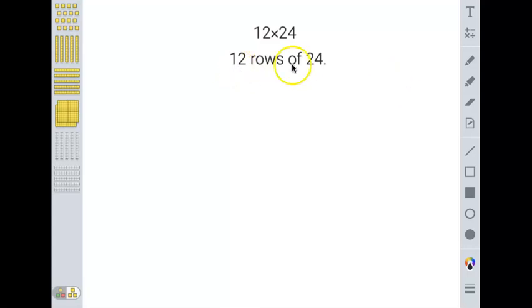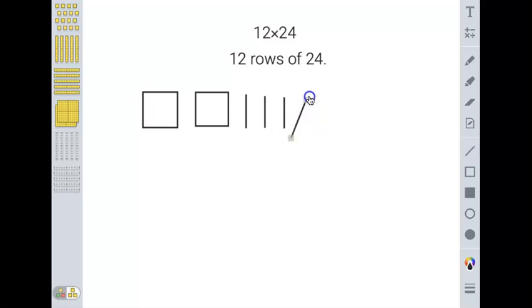That being said, 12 rows of 24 will still use 2 squares, which is 2 hundredths, 4 sticks, which is 4 tenths, 2 sticks below our squares.